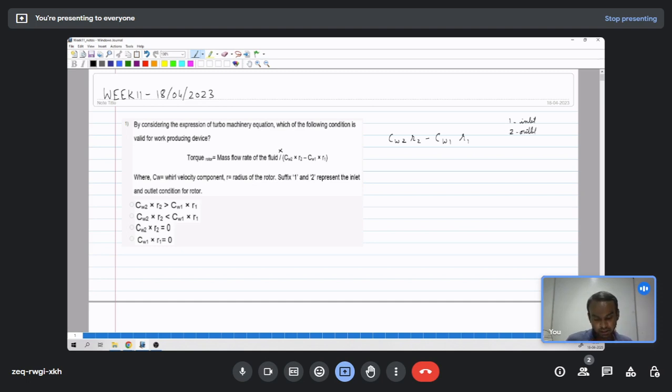So when multiplied with the mass flow rate, CW into R into m dot will represent the change in momentum, or this is directly angular momentum.